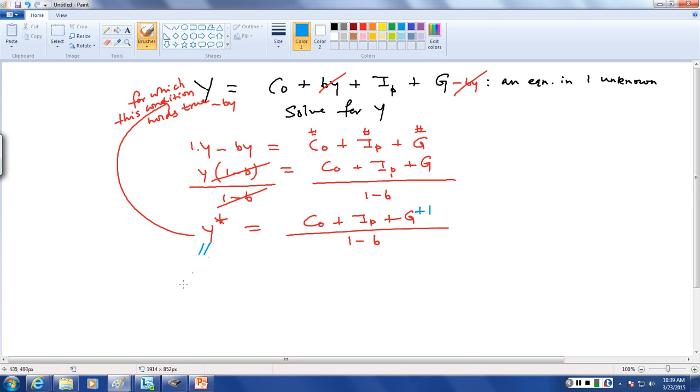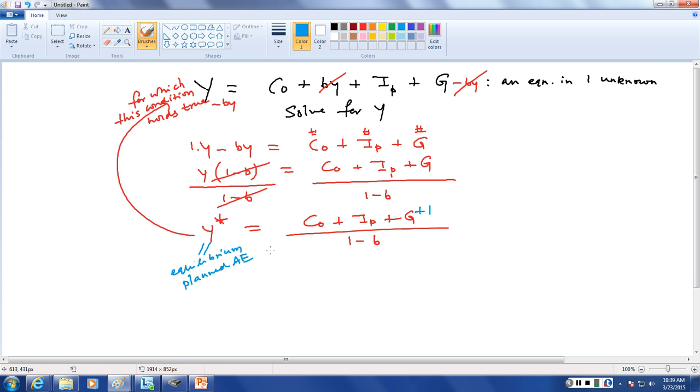Y star is when Y is equal to planned aggregate expenditure. So this would be considered to be equilibrium planned AE. Is that correct?